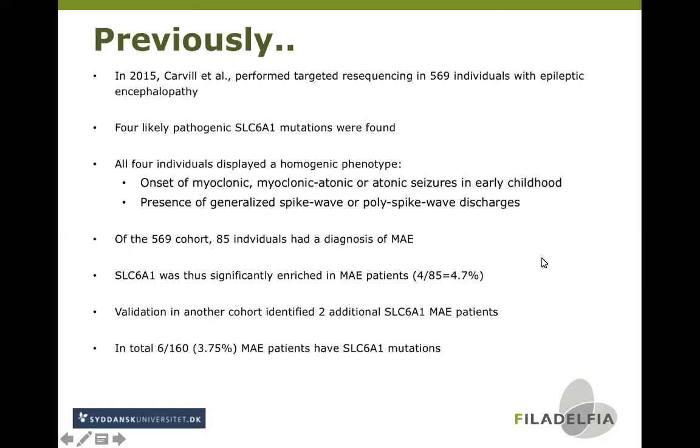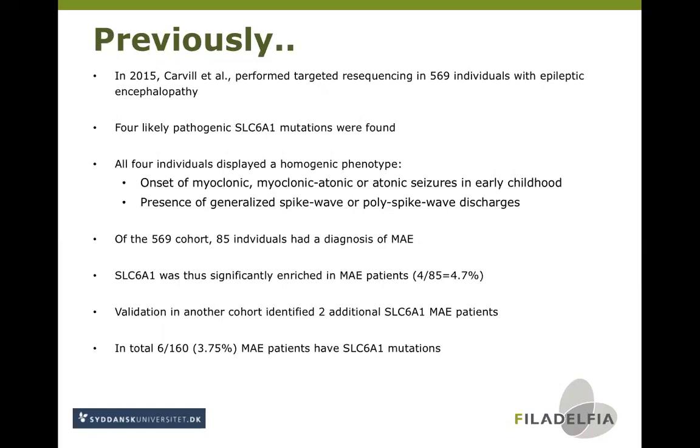Then in 2015, Carvill et al., a study that we were also part of, did targeted resequencing in 569 people with epileptic encephalopathy. And they found 4 SLC6A1 mutations, and they all displayed a very homogeneous phenotype with myoclonic, atonic, or myoclonic-atonic seizures in early childhood, as well as generalized spike wave or polyspike wave discharges.